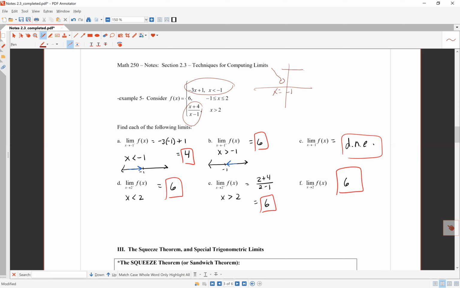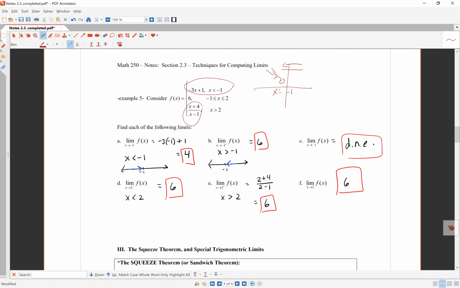So when you're coming from the right, the limit is 6. And when you're coming from the left towards -1, you just plug it in and you get the answer 4. -3 times -1 plus 1 is 4.